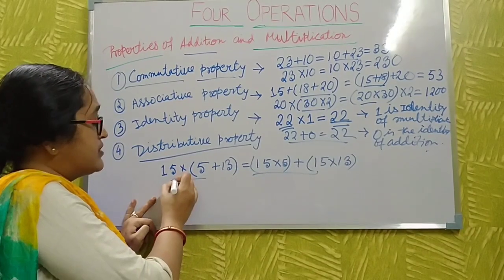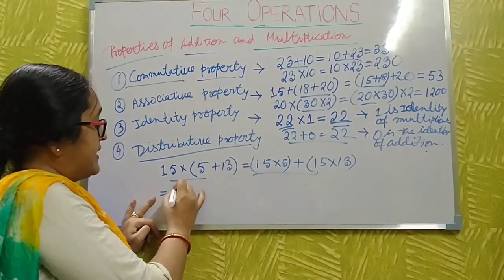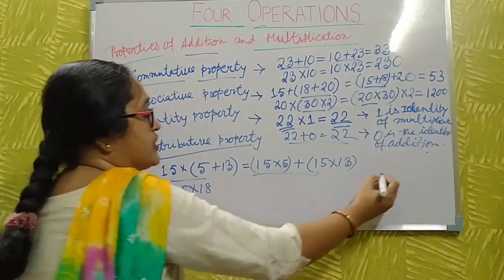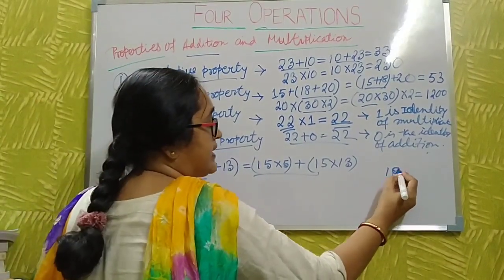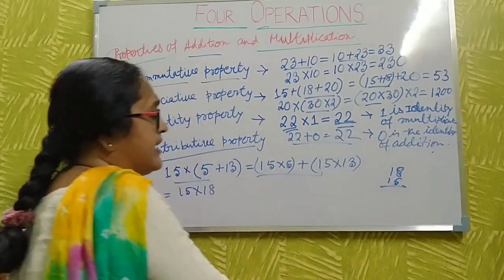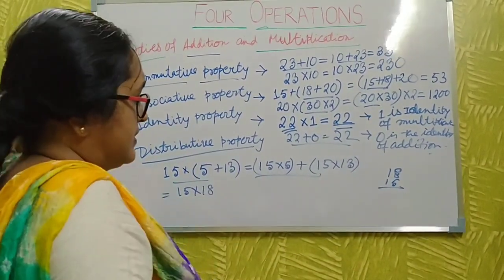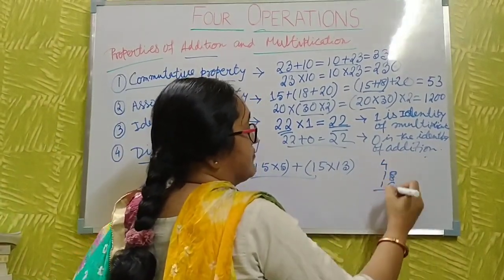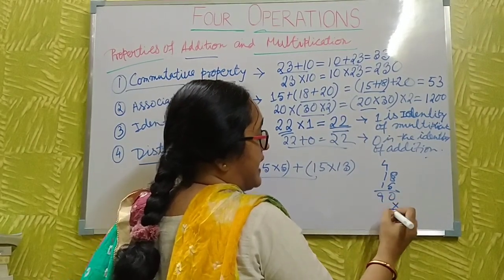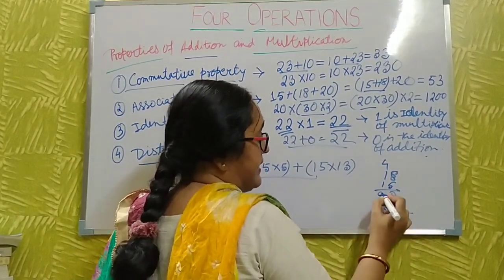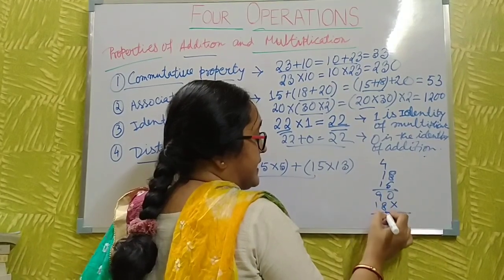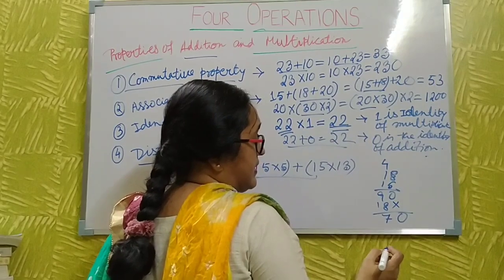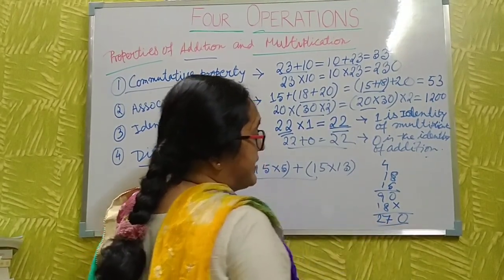Then I do here 13 plus 5 is 18. Then 18 into 15. Now we do 18 into 15. 5 eights are 40, carry 4, and 1 eight is 8, plus 4 is 12, so 270.